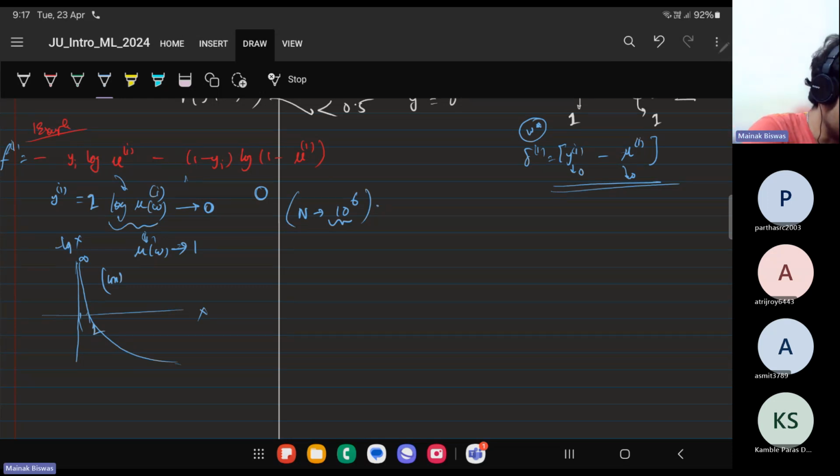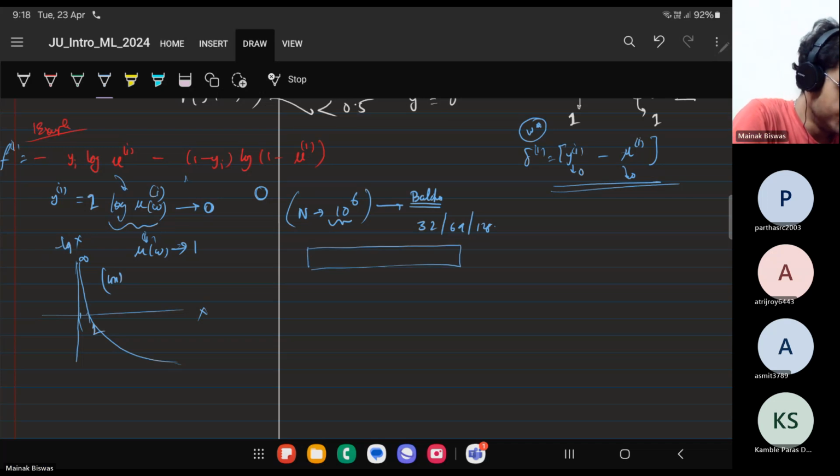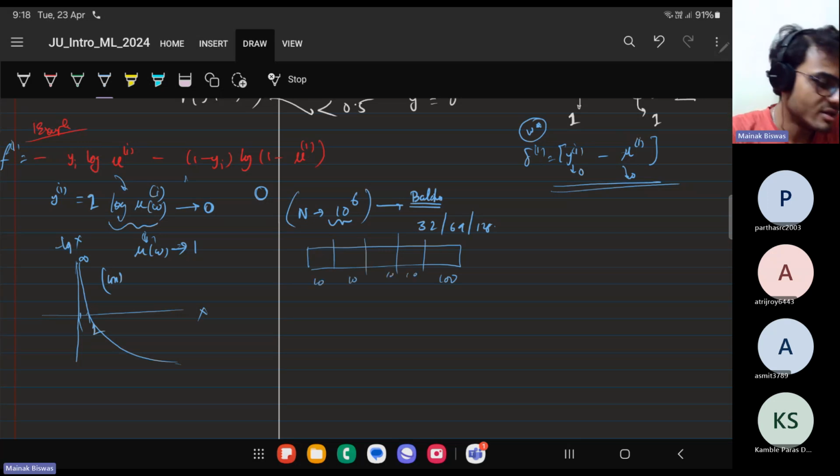So we take batches, normally 32, 64 or 128. So you break the data into batches. If there are say 100 data points, you will break them up into say 10 batches of 10, for example. Right? And then for each batch, you do gradient descent.